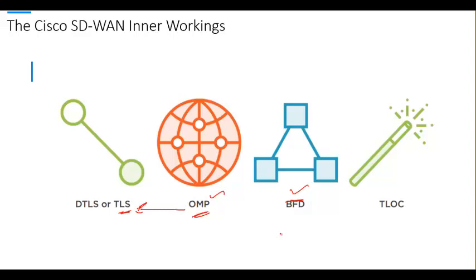Yep, I said that. But what if I don't have a policy? Do I need BFD? Of course, yes. Even though you don't have a policy to provide the best path among many paths, the default best shortest path, BFD will be there.